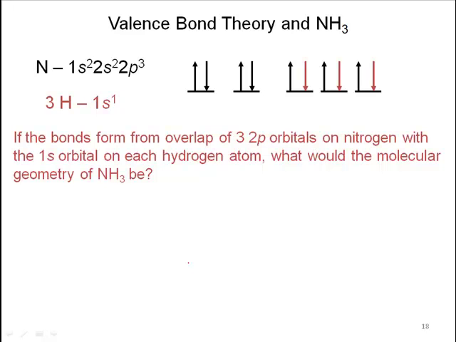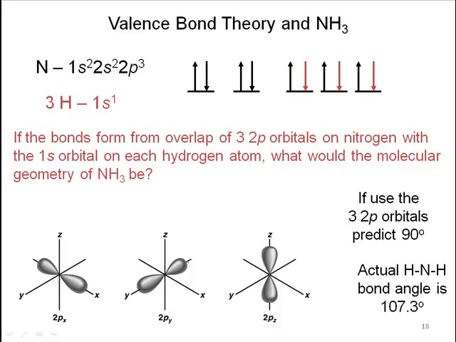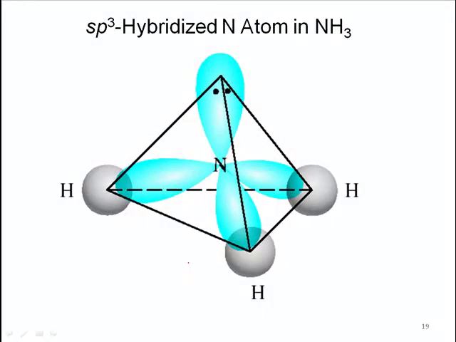So in this case, you've got the p orbitals overlapping with all of the s orbitals. We would predict the angle would be 90 degrees, but the actual angle is 107.3 for the NH bond angle. What is happening here is what's called sp3 hybridization.